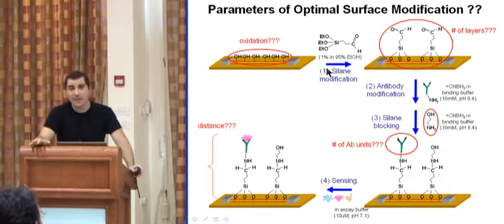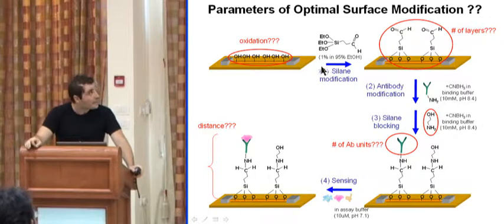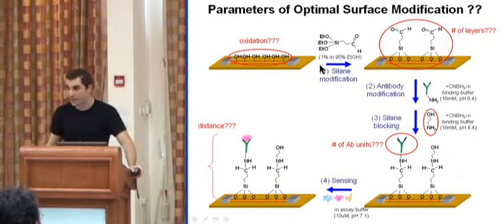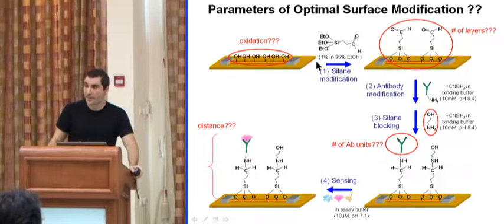And the most important step here, one of the biggest challenges, is to get the most homogeneous, but at the same time the thinnest, binding layer during this step. The thickness is critical because we are sensing charges, and the Debye length at physiological pH, or when we have salts.